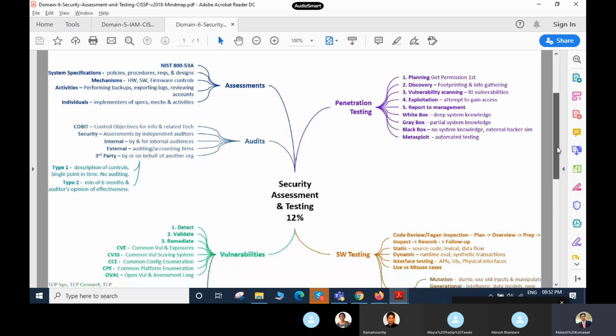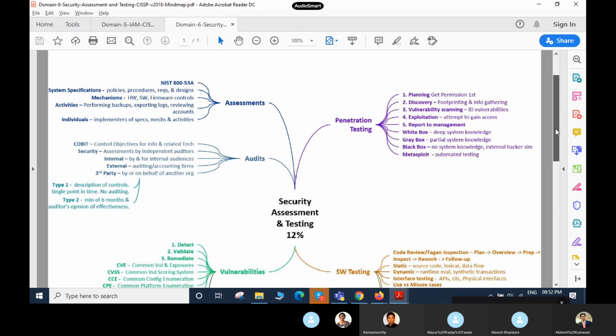We have security assessment and testing. First, we are talking about assessments. So NIST 800-53A.